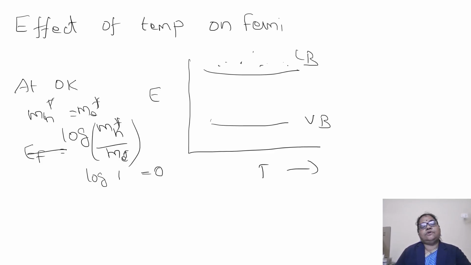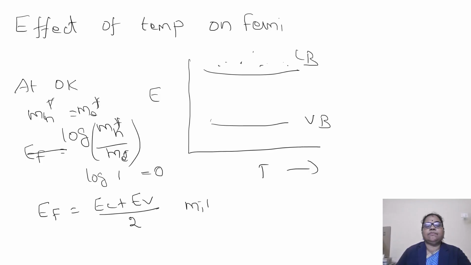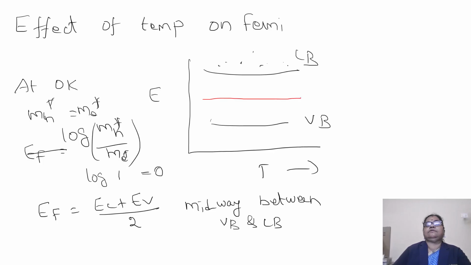So the second term is 0, and only EF is equal to EC plus EV by 2. So the Fermi energy level lies midway between the valence band and the conduction band. That's why we can draw the Fermi energy level like this. This is EF, the condition at 0 Kelvin.